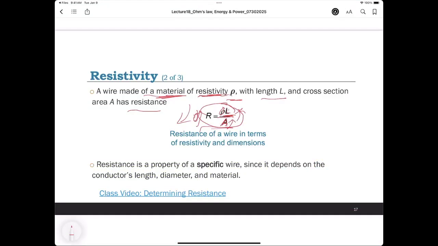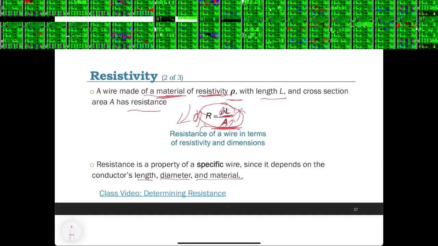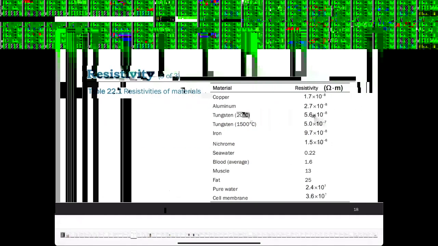We just talked about it. That's the reason why, because the resistance can be defined by this equation. Resistance is a property of a specific wire, since it depends on the conductor's length, diameter, and material. And these are some resistivities of common materials.